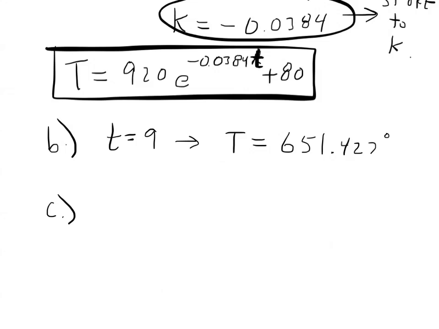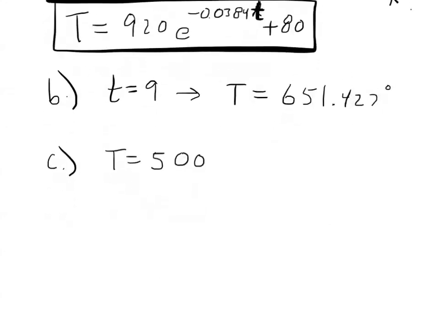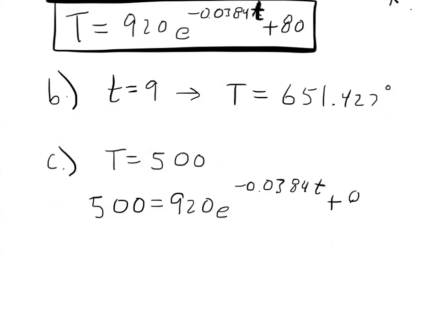Question C is asking when, so it's asking for the time, at what time the temperature of the object will be 500. Great, so we plug in temperature being 500. If I plug that in, I'll have 500 equals 920 e to the negative 0.0384 t plus 80. And again here, I really feel like I should be able to skip some steps.